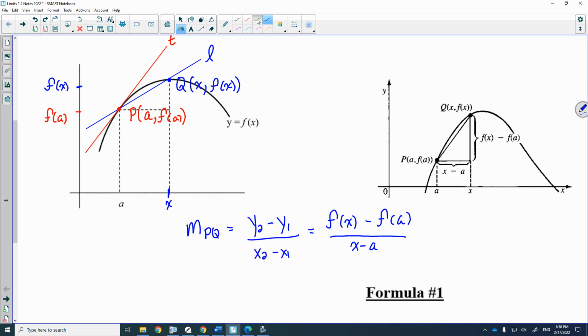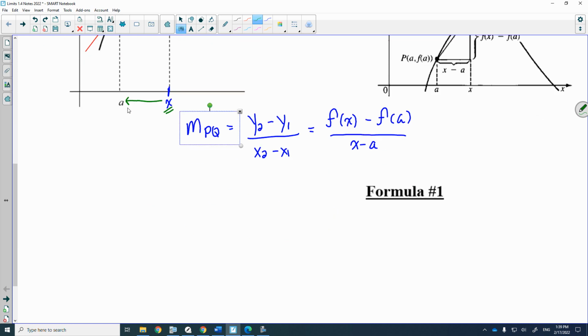The goal, though, is to bring point Q closer and closer to point P. So essentially what we're doing is we're going to be bringing this x coordinate closer and closer to the x coordinate on the line of our tangent.